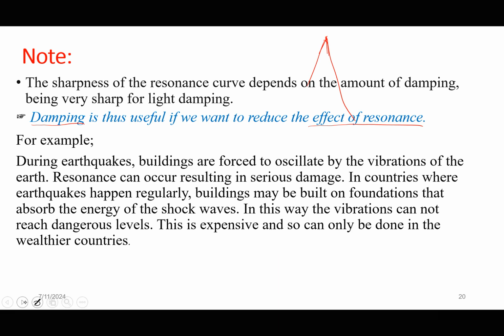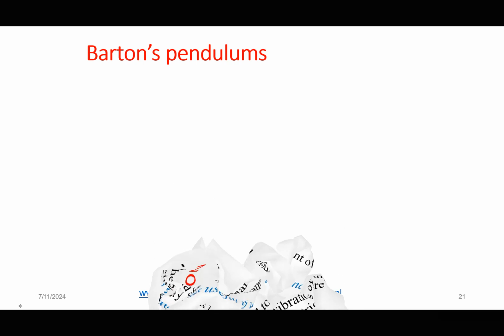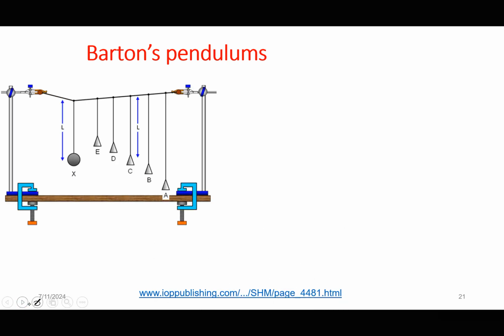For the teachers, you can demonstrate resonance in the laboratory with what we call Barton's pendulum, where you use at least 4 paper cones and a simple pendulum bob, and make sure that the lengths of the pendula are different, apart from one pendulum which has the same length as the pendulum bob. Displace the pendulum bob as illustrated in this diagram and observe what happens.